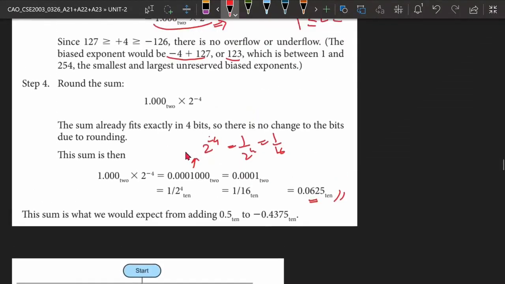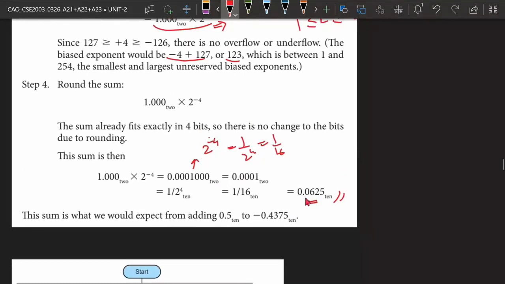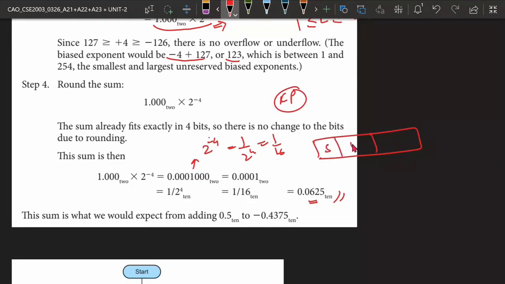The final result in decimal form is 0.0625, or it can be given in floating point representation. Then you need to convert this into the floating point representation of sign, exponent, and mantissa. The result is positive, so the sign will be 0.